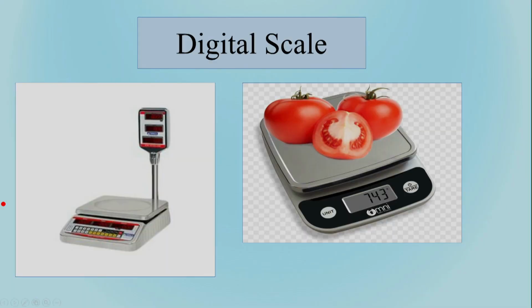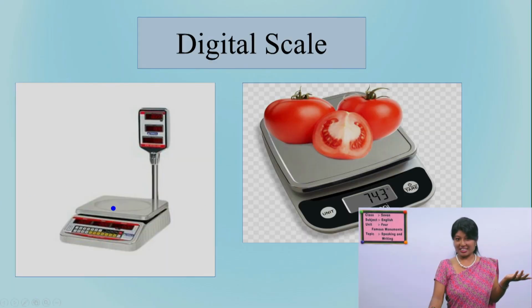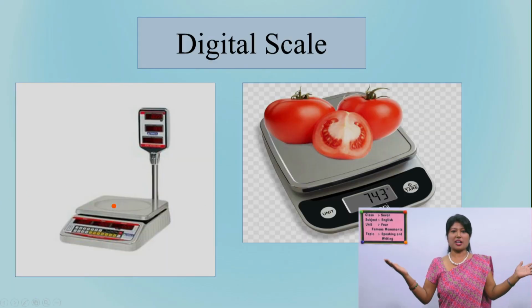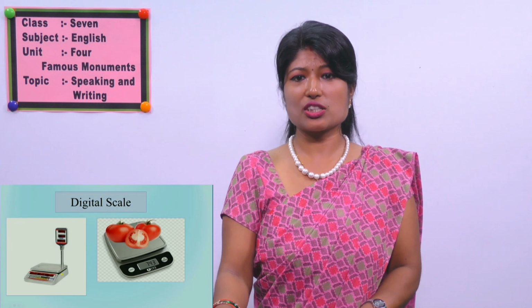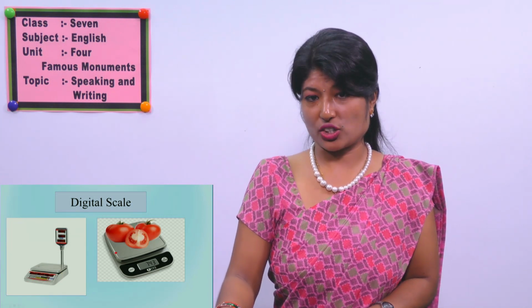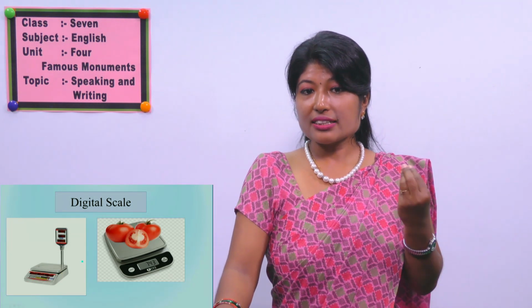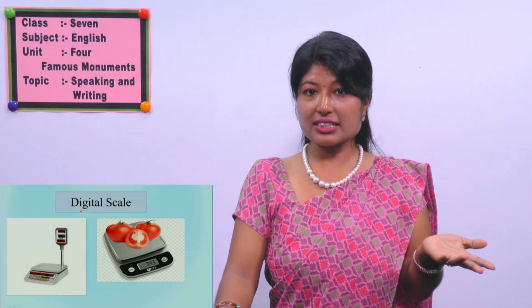Let me show you some more over here. Okay, have you seen this one? Yes, this one is very common nowadays. We can see this kind of digital scale, digital weighing machine, in most of the shops. And this is called digital.